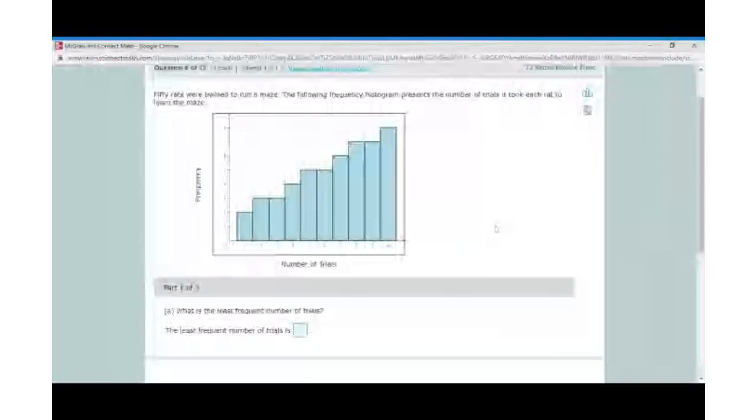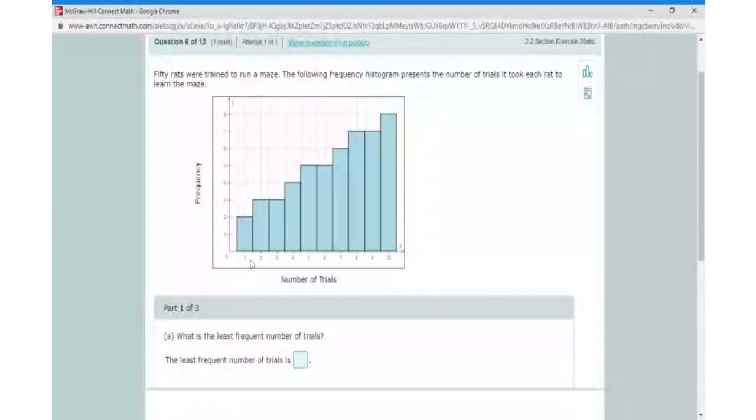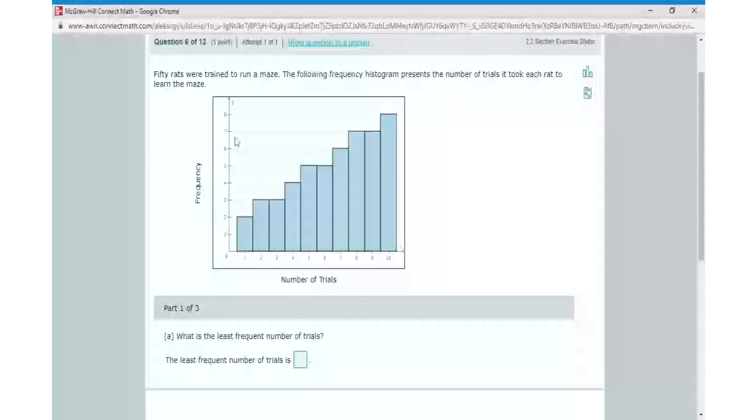Along the bottom is the number of trials that it took the mouse, and then going up and down is the number of mice that were in that category. So in other words, the number of mice that took one trial, there were 2 of them.